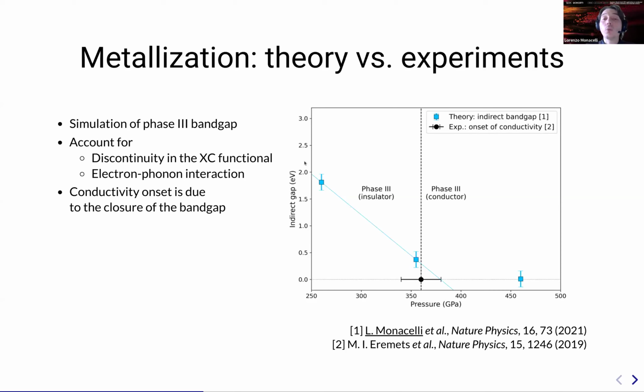Actually, for this phase, there was another work from Gorelov, for example, who computed the band gaps using diffusion Monte Carlo techniques, and for the case of the phase 3 band gap, we have a very good agreement with them. All our dots are almost overlapped with theirs, so the closure of the band gap is almost the same here.